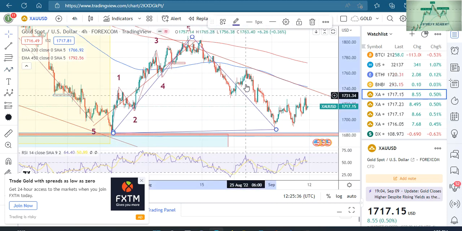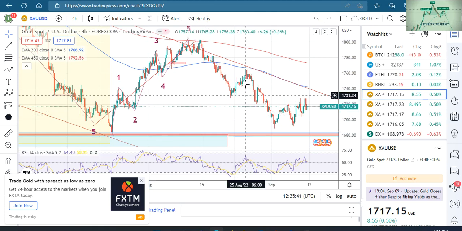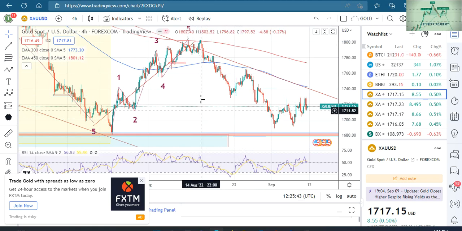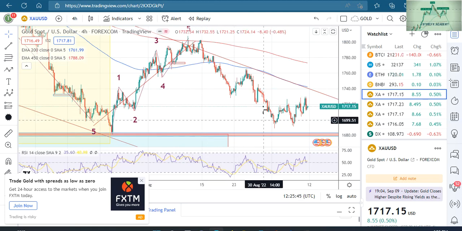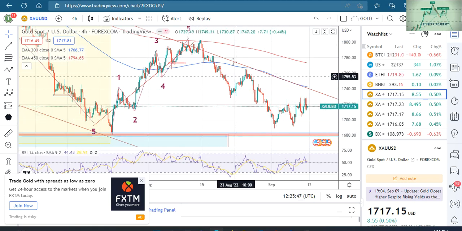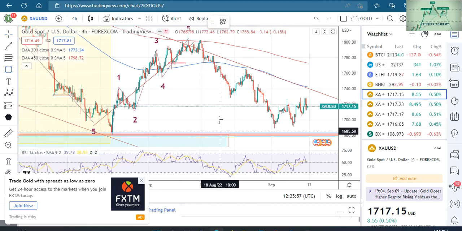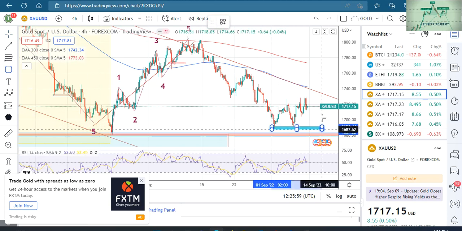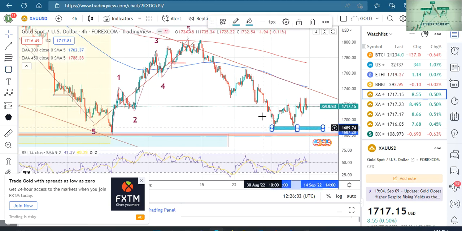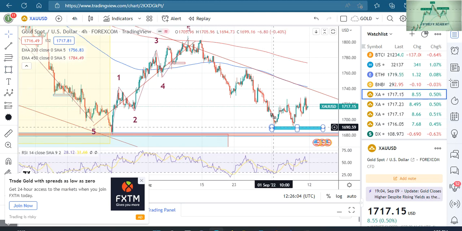However, we can see that after this price movement, the market formed another support somewhere around there by respecting this price around 1690.